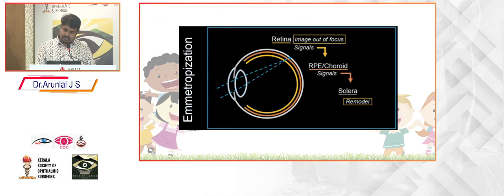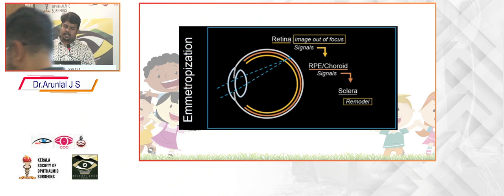In the peripheral retina, the L and M cone cells sense the focus of the peripheral rays, whether it is on the myopic side or the hyperopic side. These L and M cones send signal to the RPE and choroid, and that will lead to remodeling of sclera in the desired way, towards the myopic side or towards hyperopic side.